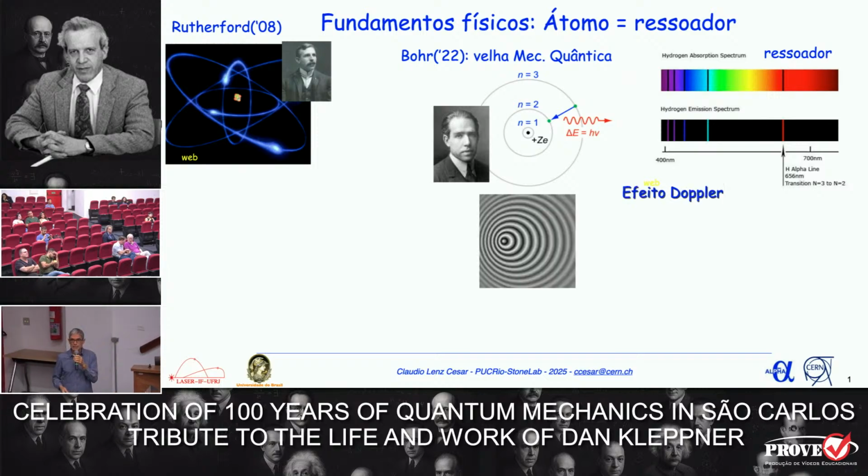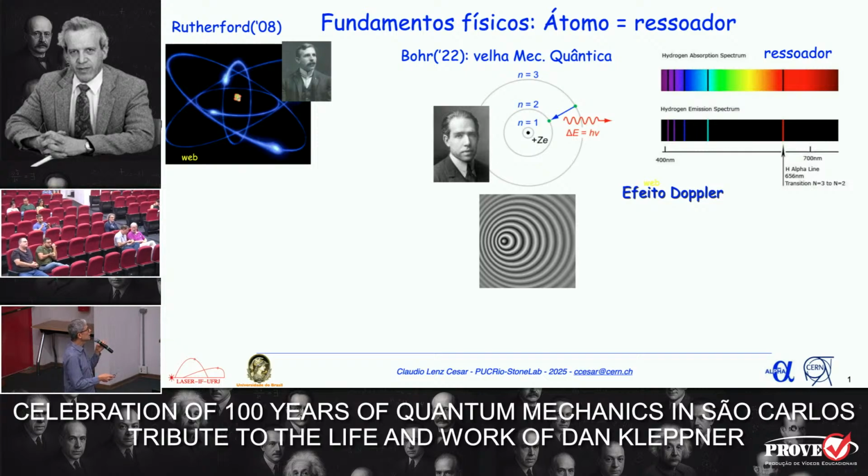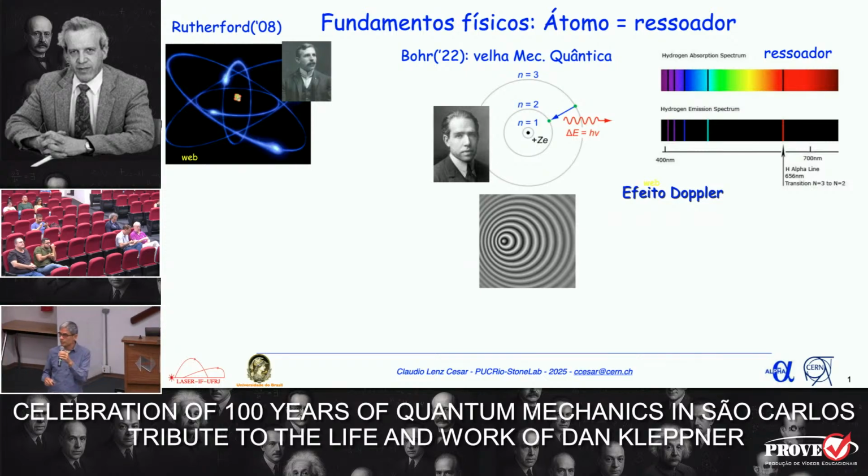into quantum mechanics, starting from Bohr in the old quantum mechanics, where he proposed that the orbits were quantized, were discrete, and an electron could absorb light and go up in energy level, or emit light coming down in energy level.